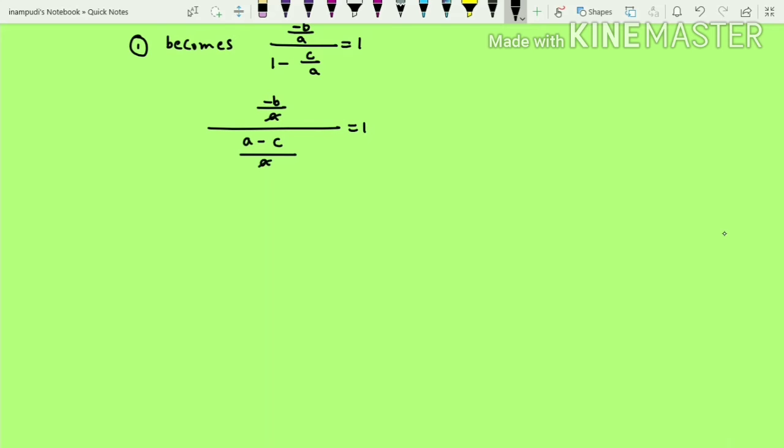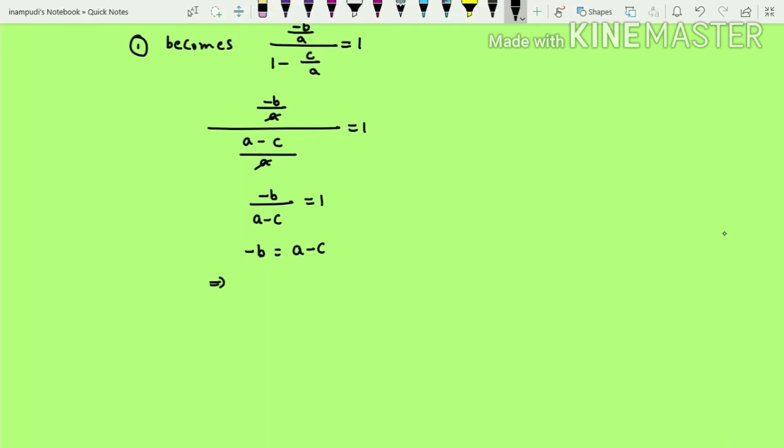A cancels out: minus b by a minus c equal to 1, minus b equal to a minus c.